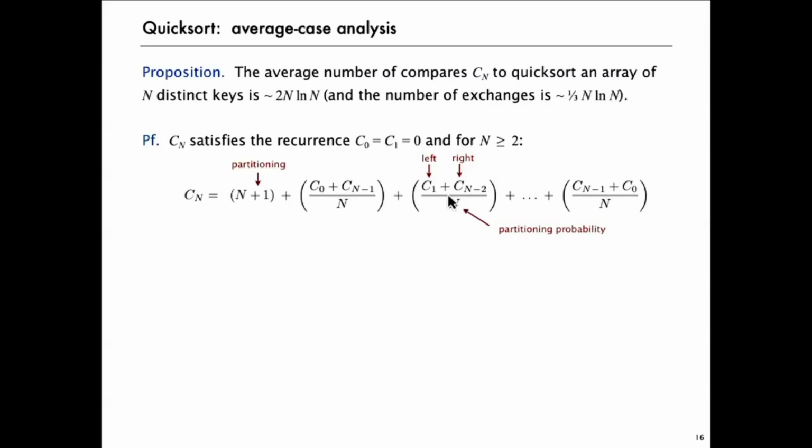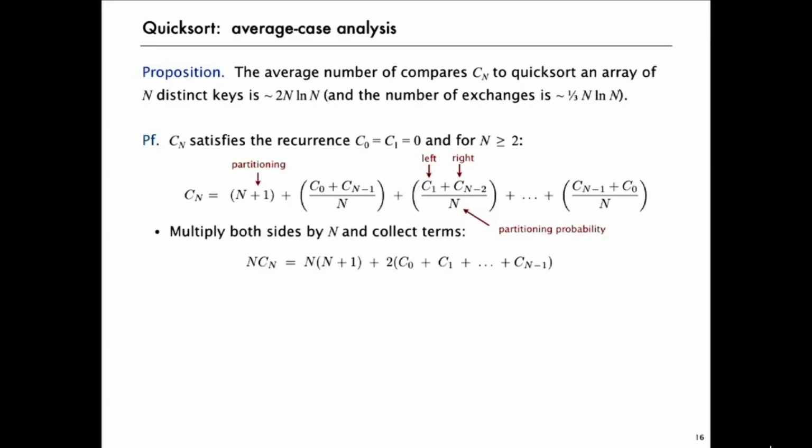And if it's k, then the left subfile has k minus 1 items in it, and the right subfile has n minus k items in it. So for every value of k, if you add those up, the probability that the partitioning element is k plus the cost for the two subfiles, we get this equation. This looks like a fairly daunting equation, but actually it's not too difficult to solve.